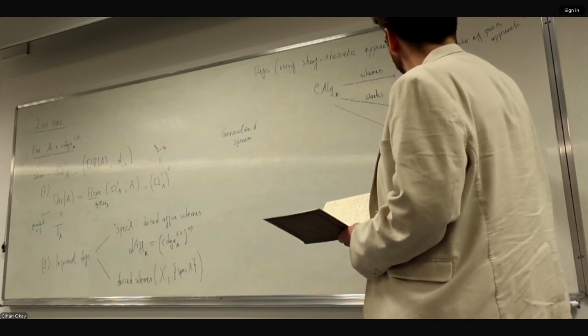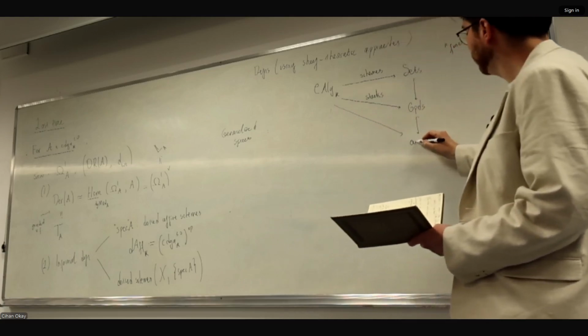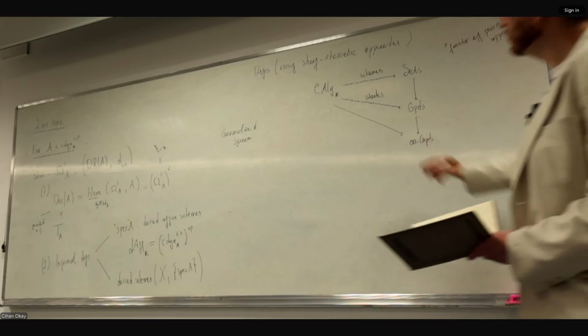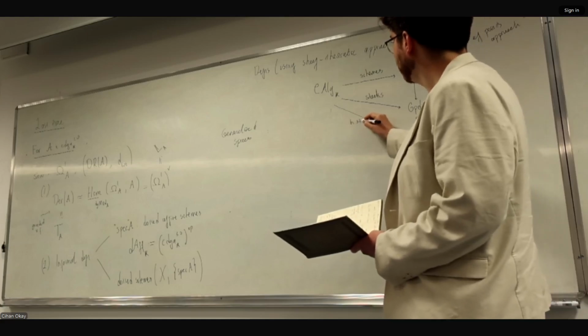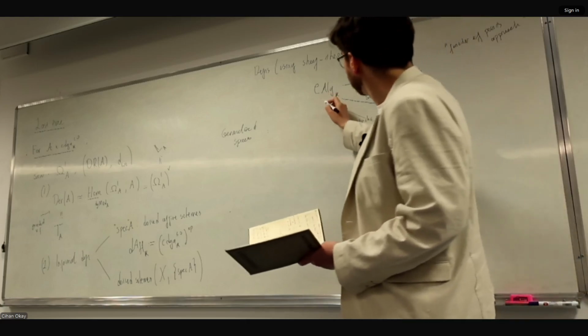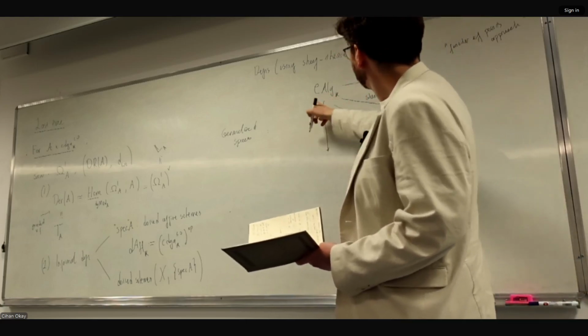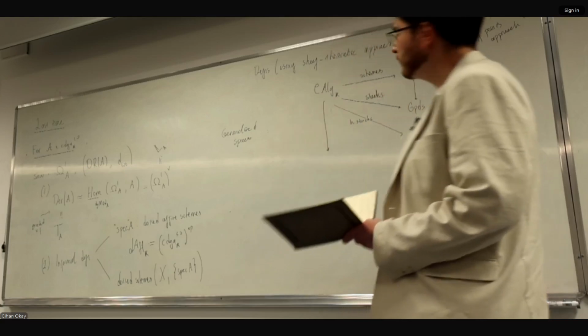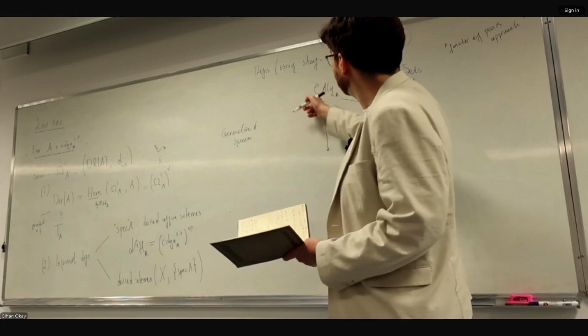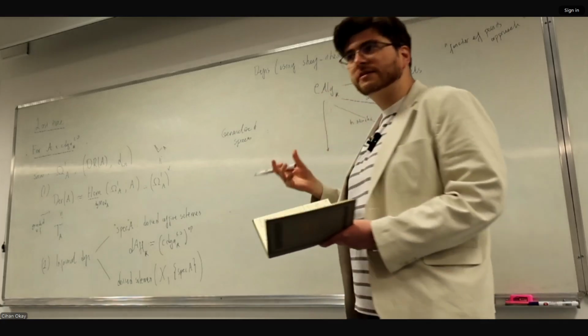And if you play this game, for instance, you can consider infinite groupoids. So this is how we define higher stacks. And also you have a natural embedding, because any object in here can be seen as an object concentrated in degree 0, right?